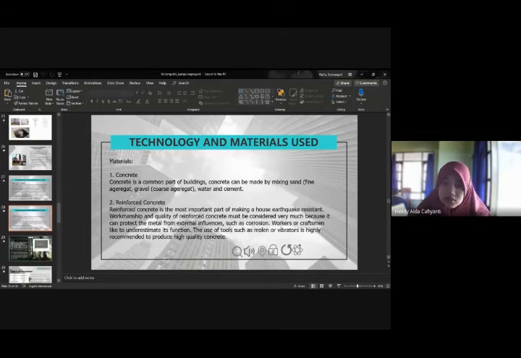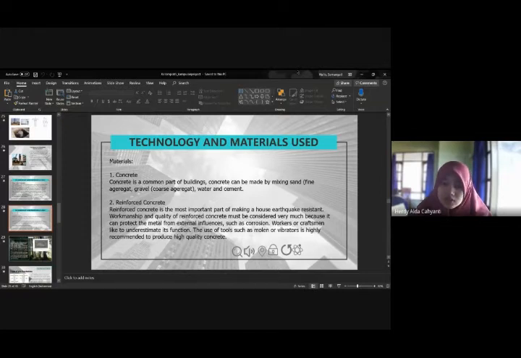Technology and materials: material number one, concrete, is a common part of building.